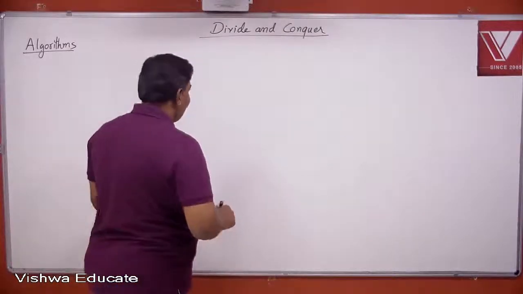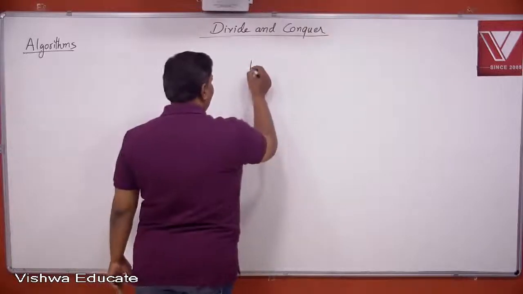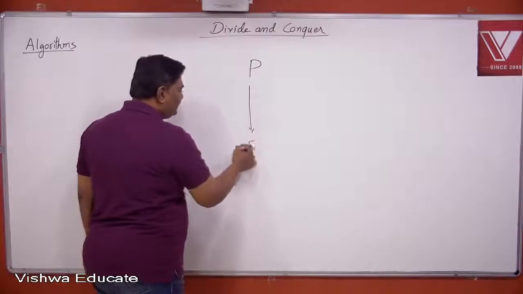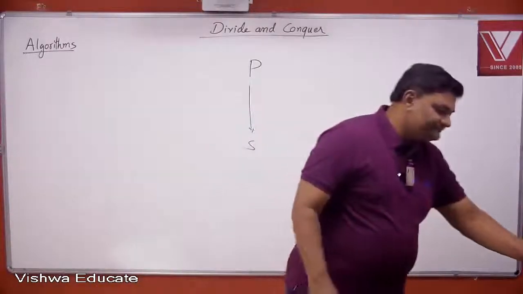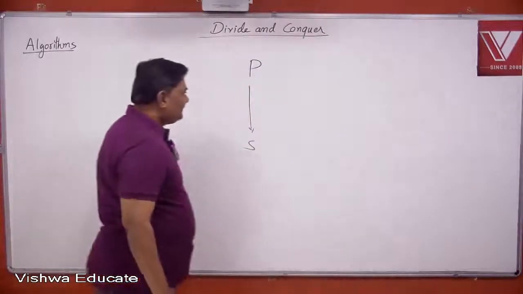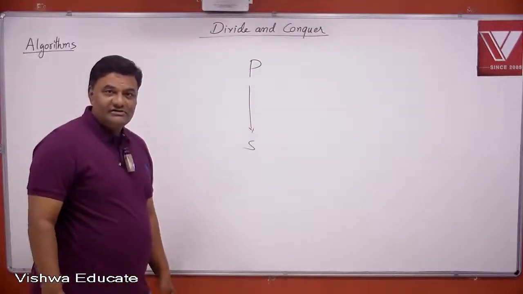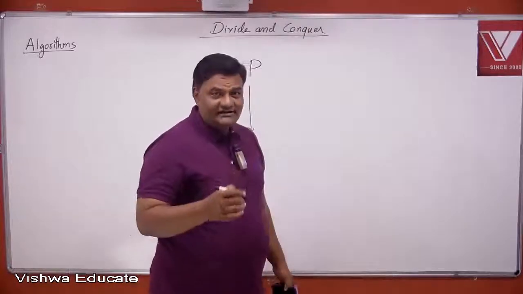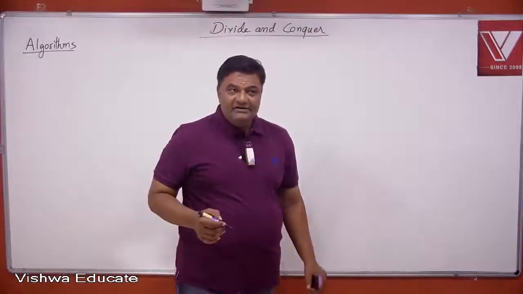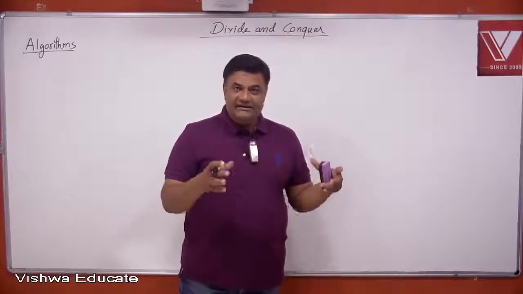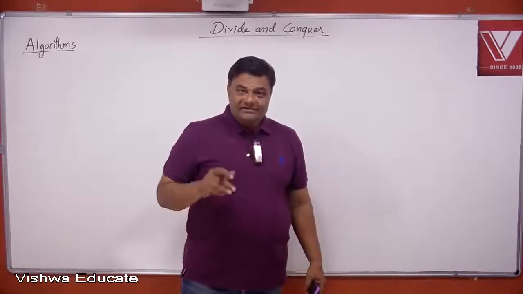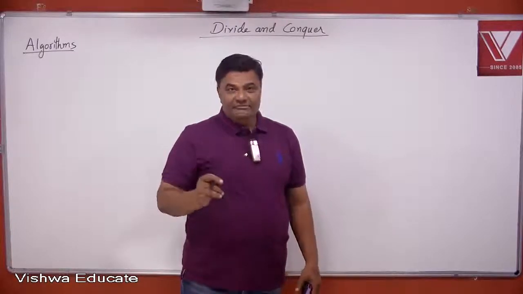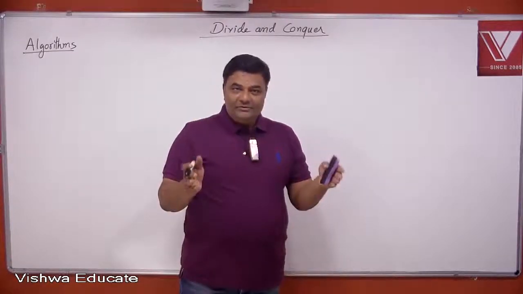Divide and conquer strategy says that if a problem is given to you and you have to find a solution, but the problem is large, you cannot solve it. Large in the sense of what? Not the complexity of a problem, but the size of a problem, the number of inputs.